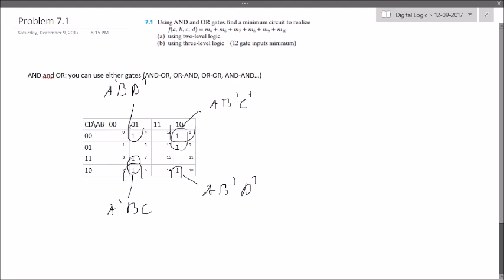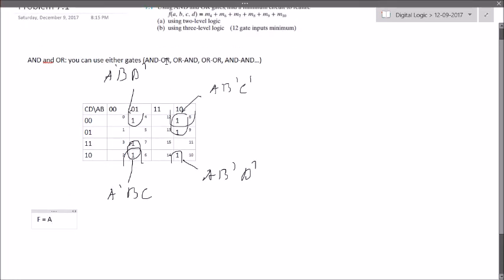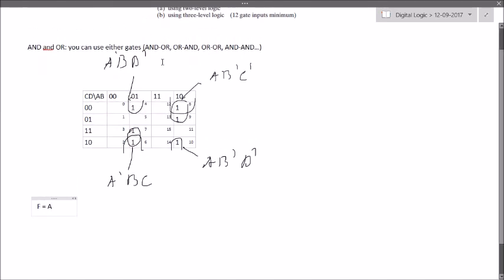Alright, so let's write the new expression. Let's see, double check it. Oh, it's actually lowercase. My bad. So that's A prime B C. That's A B prime C prime.